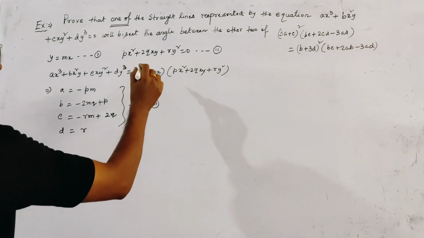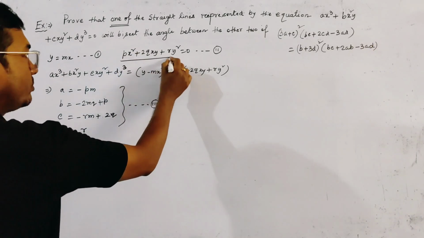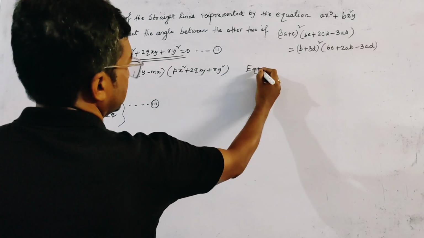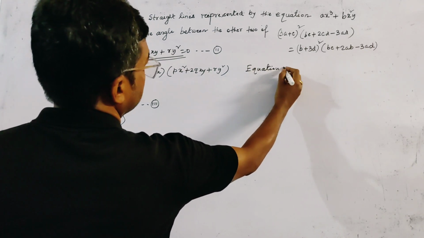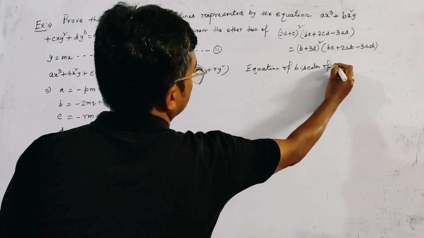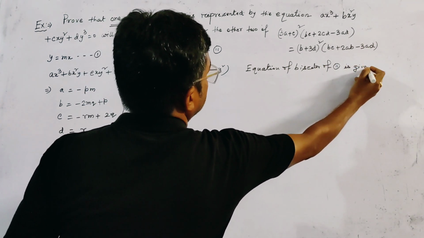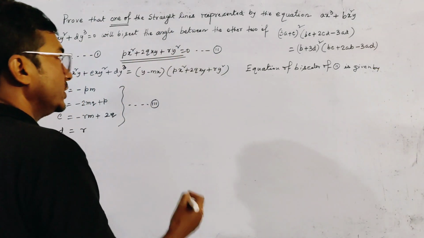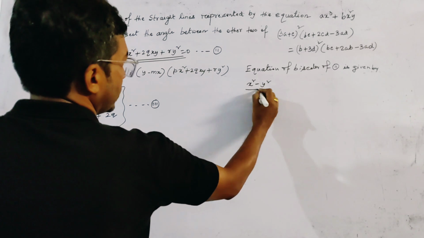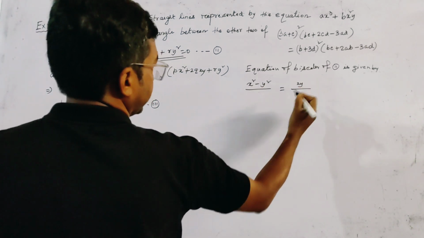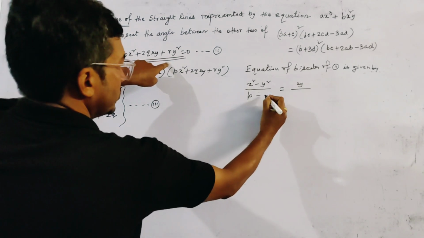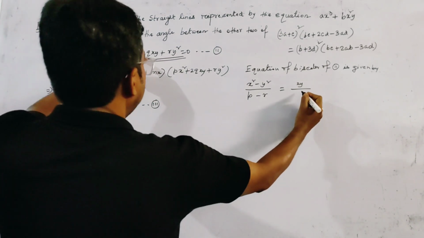Now we first find the equation of the bisector of the given pair. The equation of the bisector can be written as (x square minus y square) by (p minus r) equals xy by q, where p is the coefficient of x square, r is the coefficient of y square, and q is half the coefficient of xy.